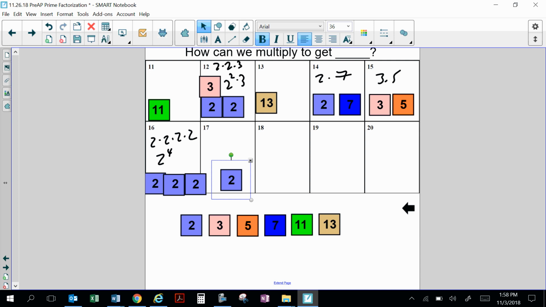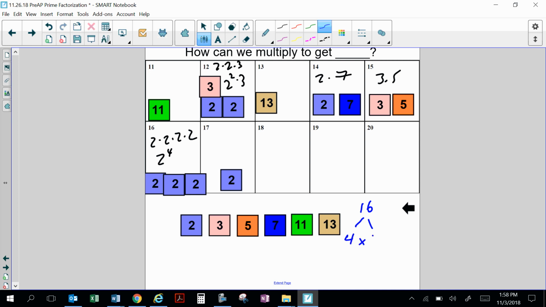Another way to do it is something we're going to be learning called a factor tree. So 16 can also be written this way if you cannot break it down using the table. What are the factors of 16? What we chose earlier was 4 times 4. So you write 16 and draw 2 little branches. 4 times 4.